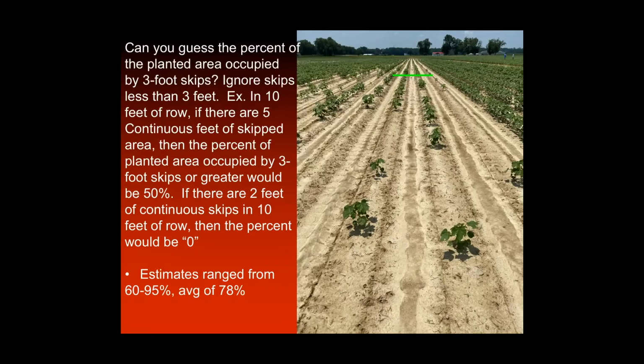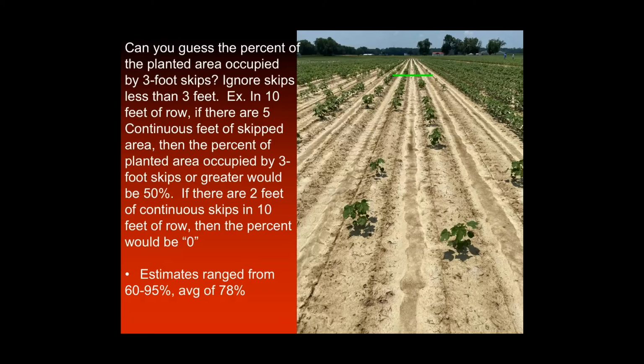All right, so about 20 of our local cotton experts participated in this exercise in the field, and they estimated the percent of planted area occupied by 3-foot skips or greater to be anywhere from 60 to 95%, so a fairly wide range.